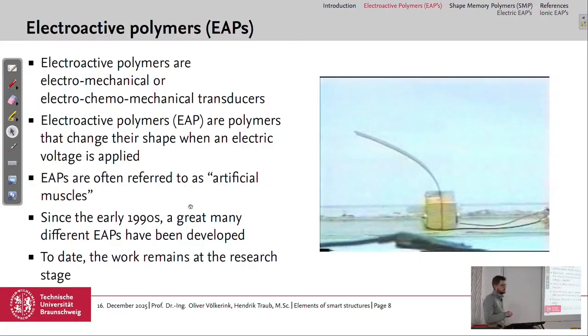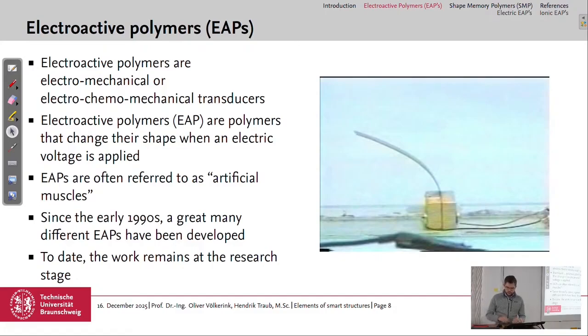We will see that in a short video, maybe why they come up with the name artificial muscles. And since the early 1990s, a great many different EAPs have been developed, but it's still all scope of research and not, I think, industrial ready to be used.